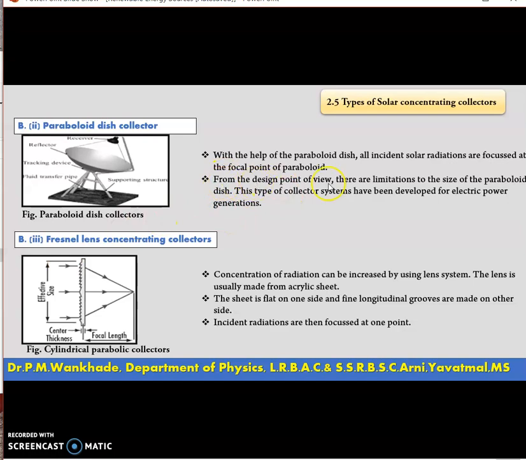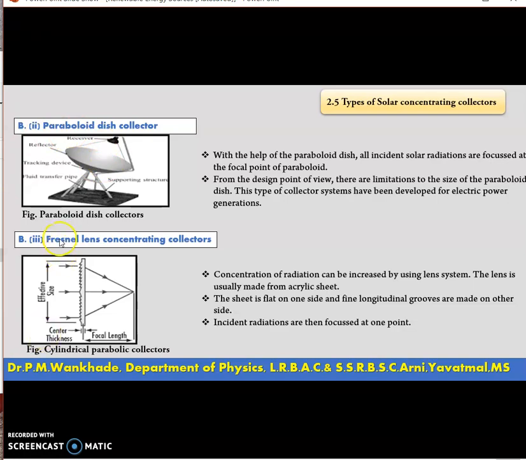From the design point of view, there are limitations to the size of the paraboloid dish. With the help of this, all the energy is focused at a particular point, and at that point the temperature is quite high.